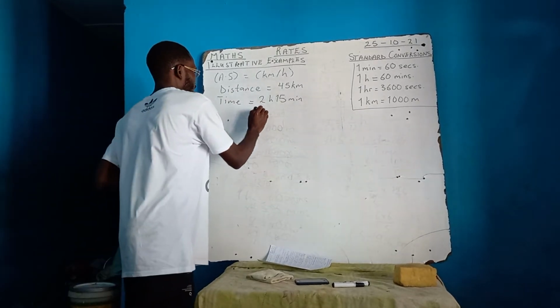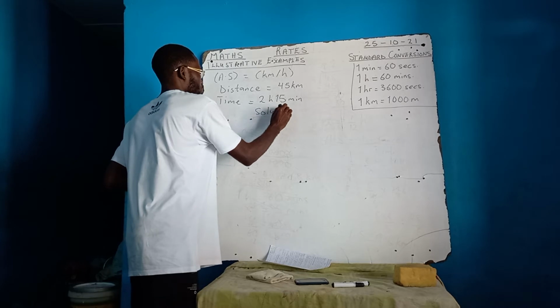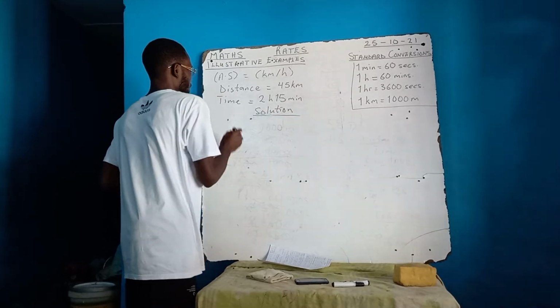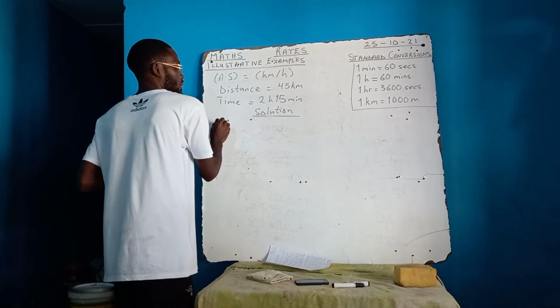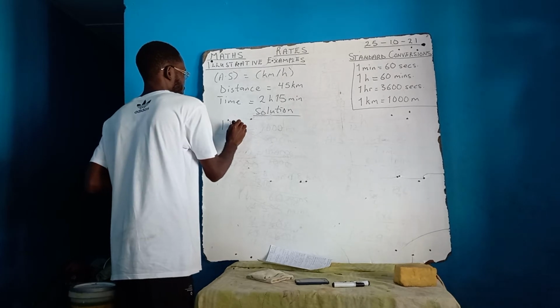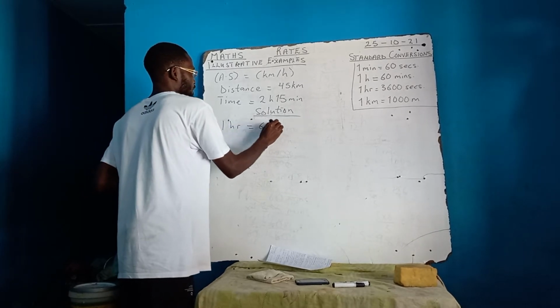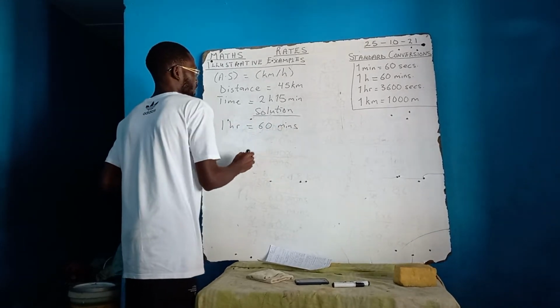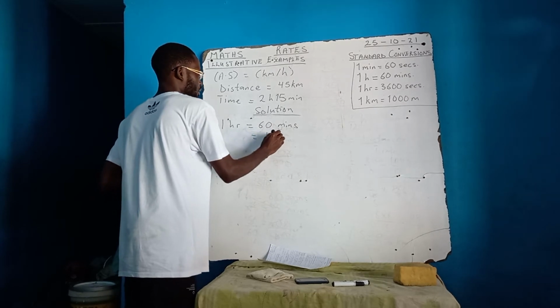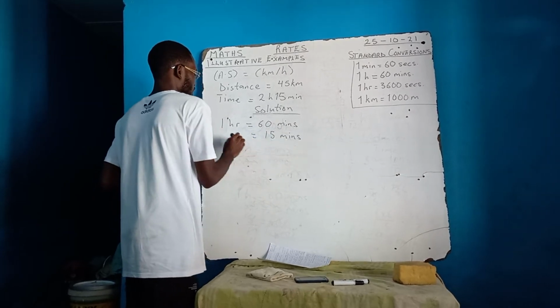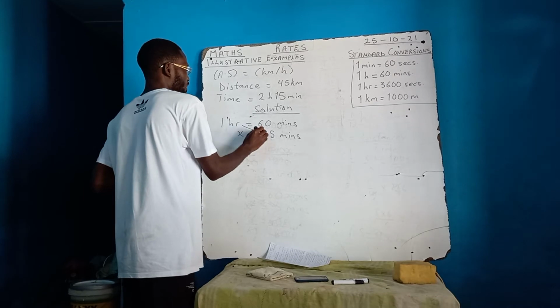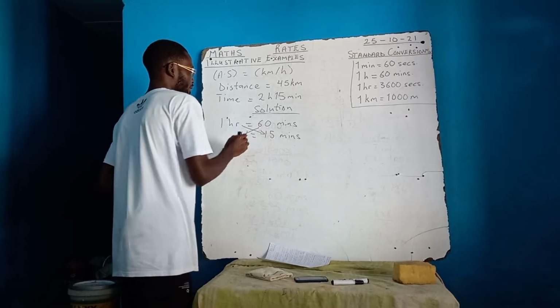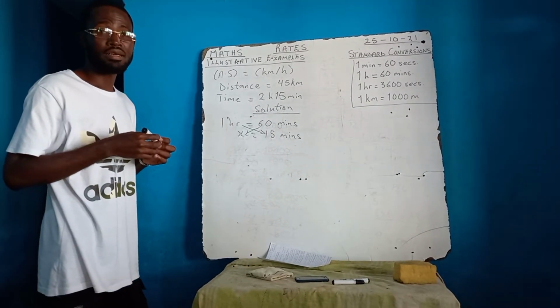So our solution is going to be: we have 1 hour is equal to 60 minutes, and we have 15 minutes, which is equal to x. So we are really going to cross multiply in order to get our value.